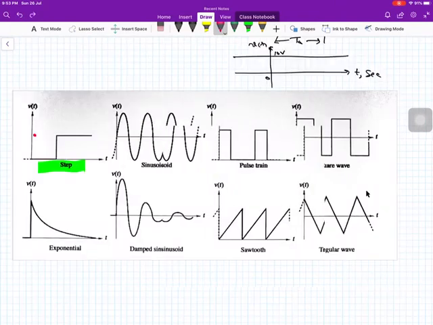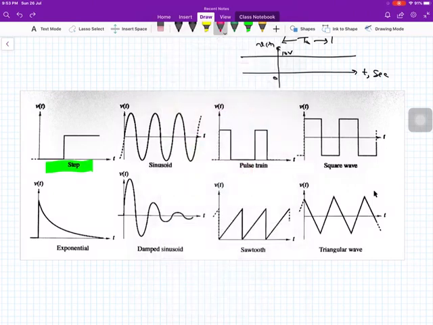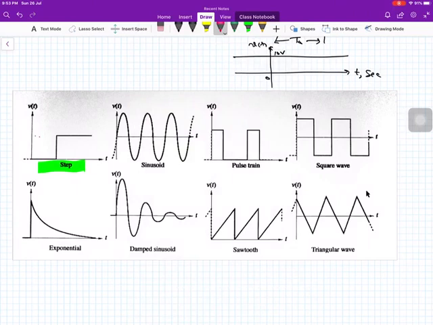So if the amplitude is 1, it is a unit step.